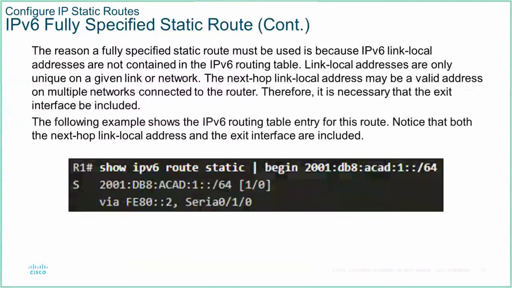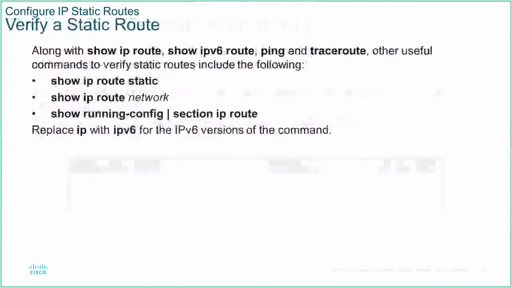There's the output of the show IPv6 route static command. With entering static routes, the usual show commands are in place. So show IP route will show you the routing table.